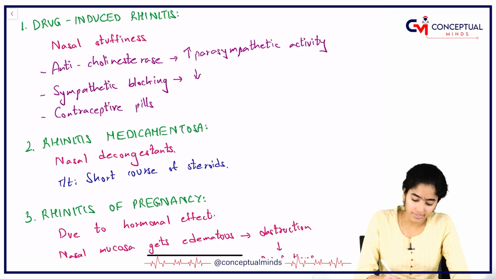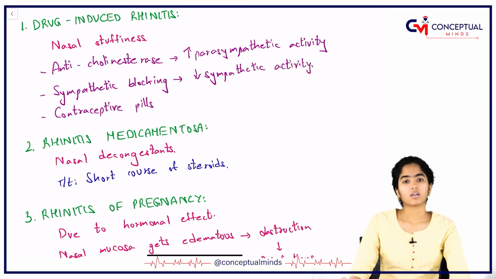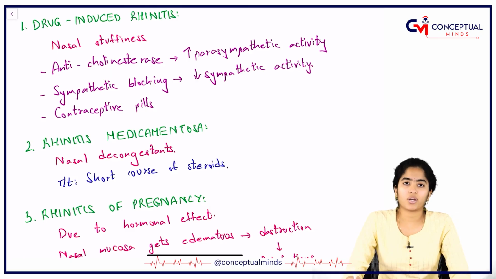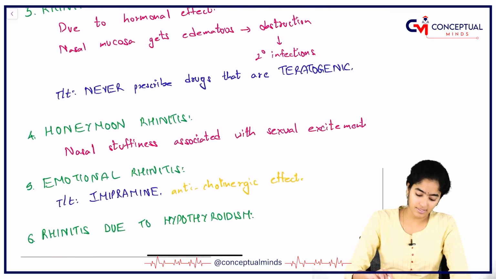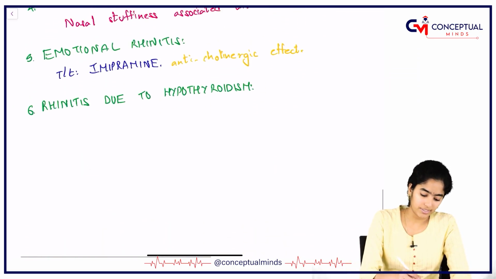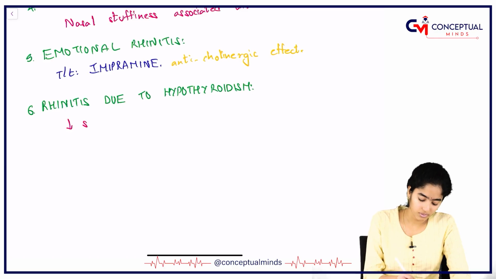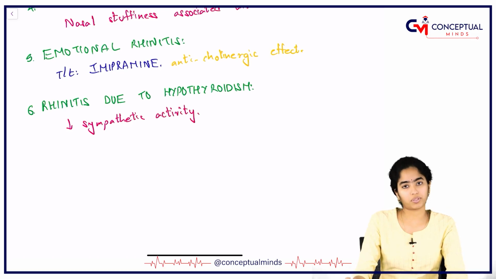Sympathetic blocking will decrease sympathetic activity. And these are the major causes for rhinitis. So, in hypothyroidism, what's happening? There is decrease in sympathetic activity. Why is there decrease in sympathetic activity? Because of deficiency of thyroid hormone.